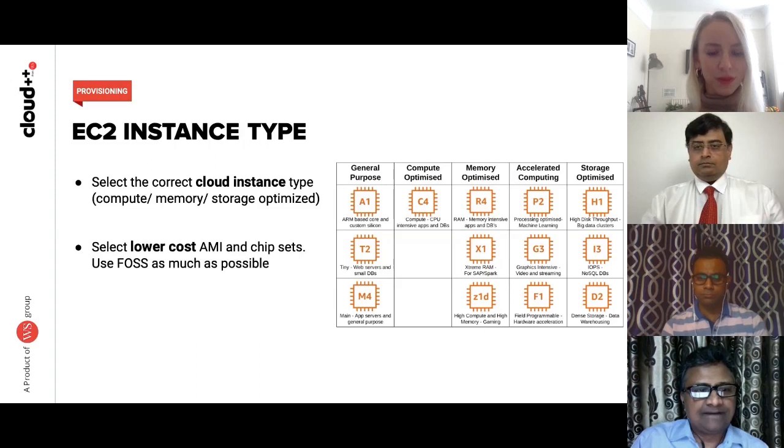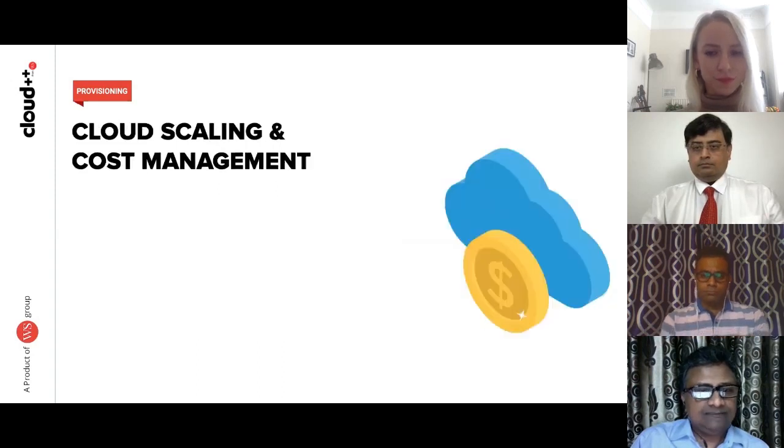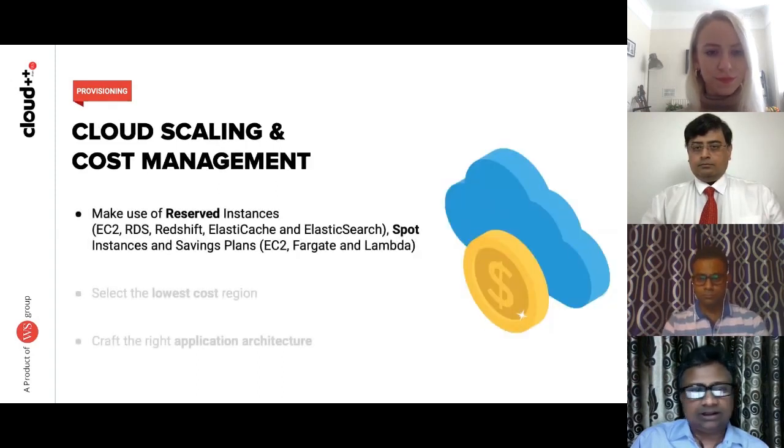Yeah. So then let's come to the next point: make use of reserved instances and spot instances. Actually, they are savings plans in different flavors offered by different cloud providers. They are nothing but charging different rates based on your upfront commitment.